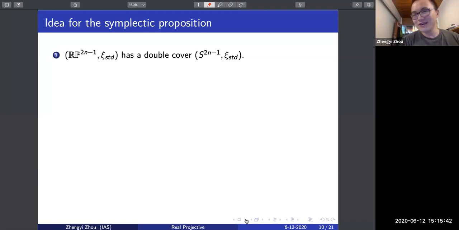So the important thing we need to prove is the symplectic proposition. The idea for the proof is to notice that this RP^(2n-1) has a double cover, which is a standard sphere.